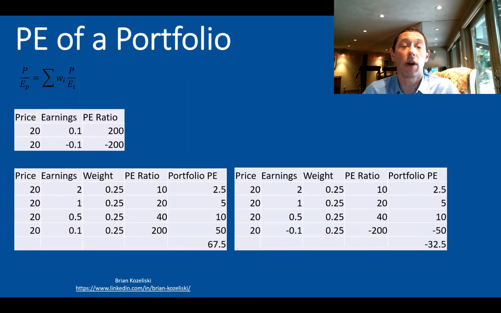However, if we use our incorrect formula by just taking the simple weighted average of PEs, we see that the portfolio PE changes from 67.5, which seemed reasonable, to negative 32.5 with this small change in the portfolio with an asset that is extremely similar when you think about the change in the earnings.